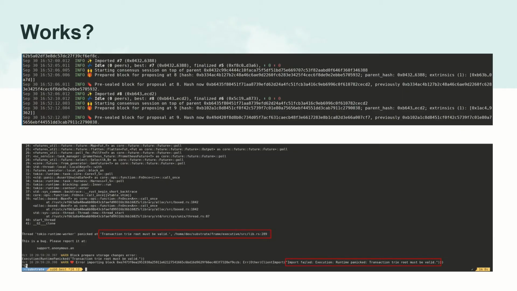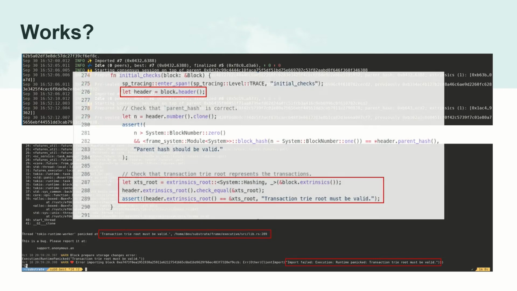The console above is from the block builder node, and the one below with the errors is related to the following nodes. And of course, there is a problem related to pre-validation of the block, because we modified how the block is being executed, but these changes are not reflected in other crates. In that particular case, it's related to frame system.